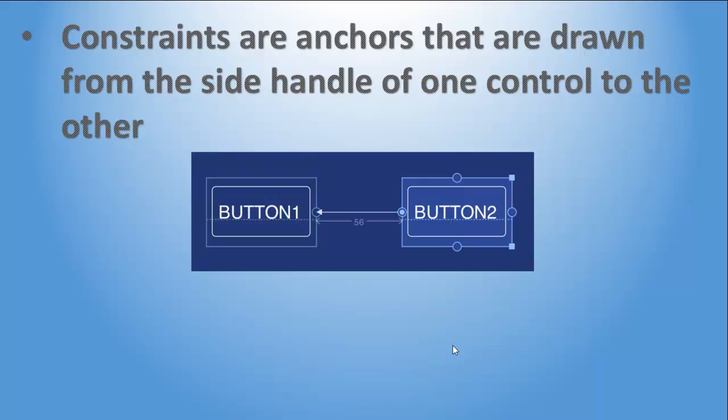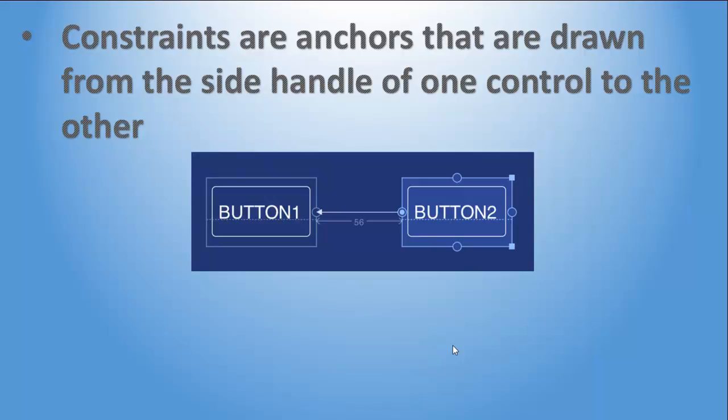Another important note while creating this constraint is you cannot drag the side handle of one particular control to different axes. That means you cannot create a constraint by dragging, for example, from the left side handle to the top handle of button 2.